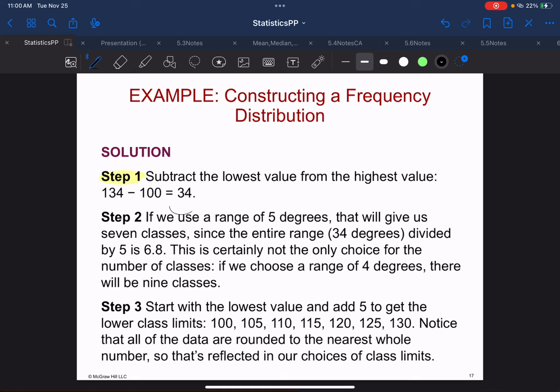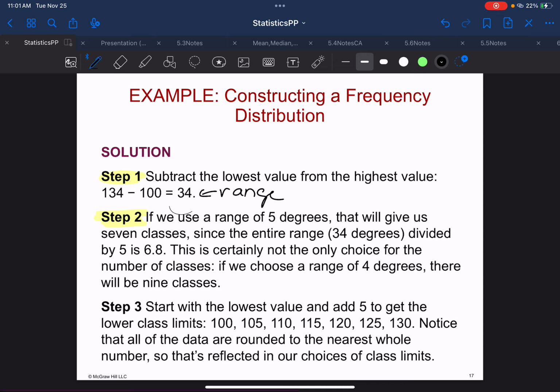So the first thing we're going to do is find the range of our data, and that is found by taking the largest value and subtracting the smallest value. What this does is it gives us the range of our values so that we can get an idea of how many classes to separate our numbers into. So that's what step 2 is.